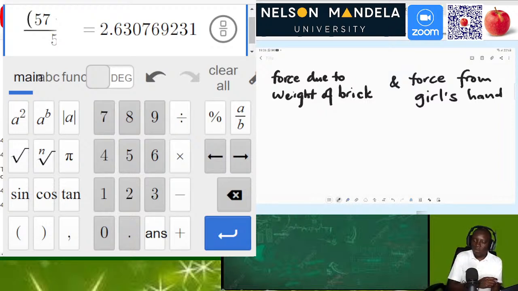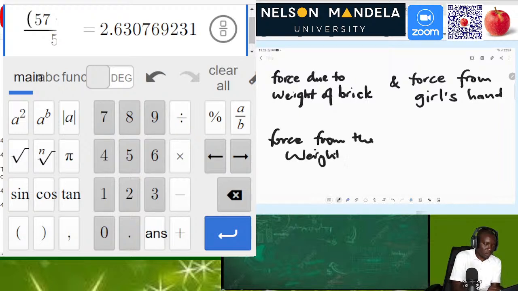Or we can talk of the force from the weight of the girl and the force of the earth on the girl. So the other one is the force from the weight of the girl and the reaction force from the ground or from the earth.